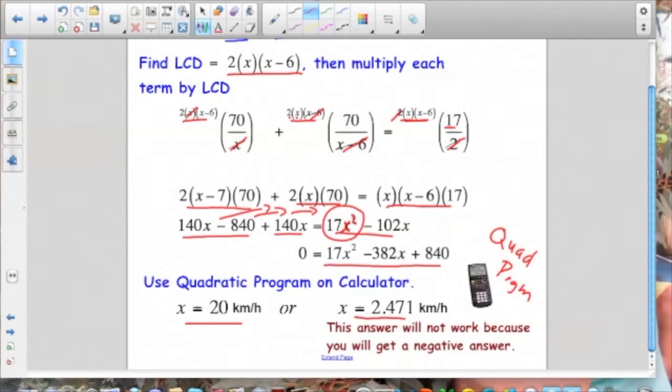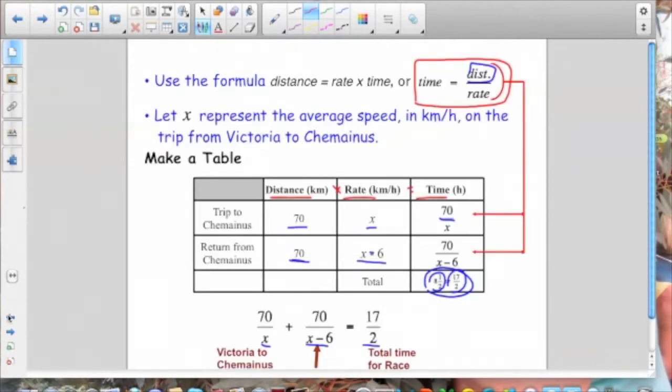All right, so what we're trying to calculate is their speed. Well, no one can ride 2.4 kilometers per hour, because if you put it in there, you're going to get a negative answer, and you can't be going negative. Remember, this is your x, so the x goes back to your table.